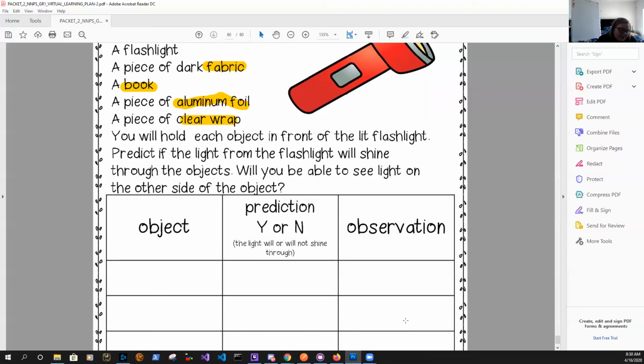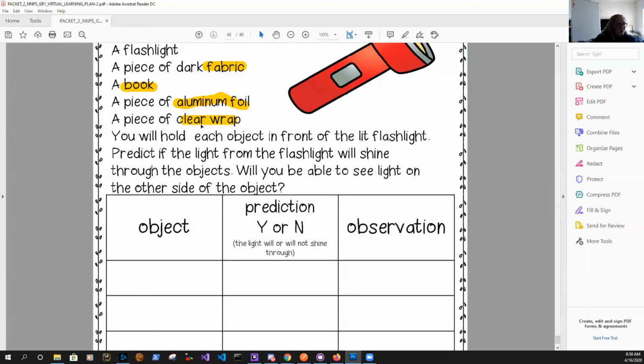Then write down your observation. Observation is what we see, what we notice happened when we did the experiment. So you will write, the light shined through the book, or the light did not shine through the book. You're going to do the same thing for the aluminum foil and the same thing for clear wrap. So clear wrap is like plastic wrap that you sometimes wrap food in. It's clear.